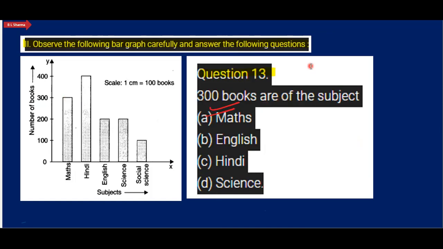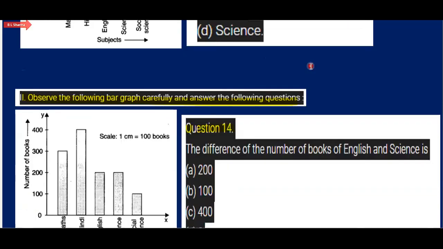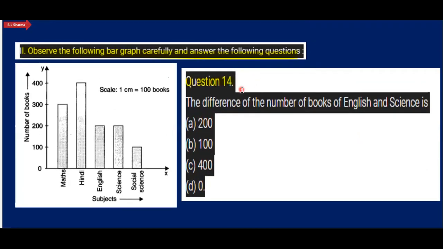For the same bar graph, we move on to the next question, number 14. So the question is on your screen. The difference of the number of books of English and science. The number of English books, that is 200.